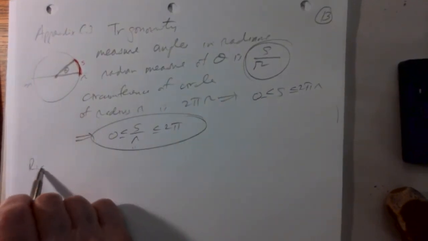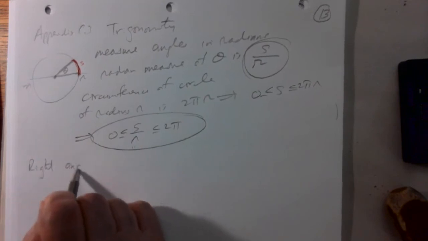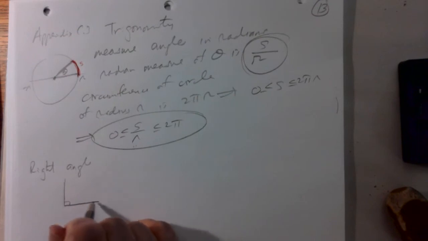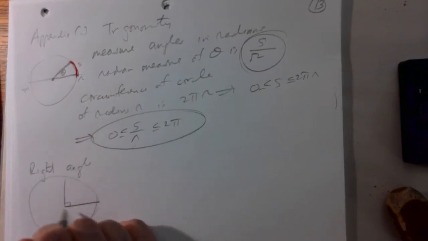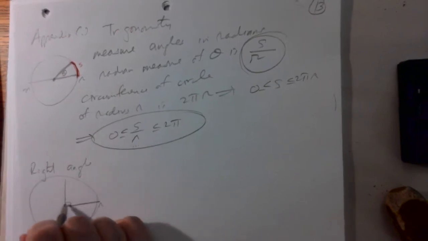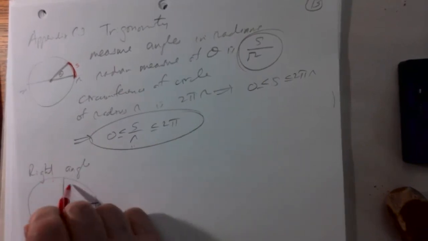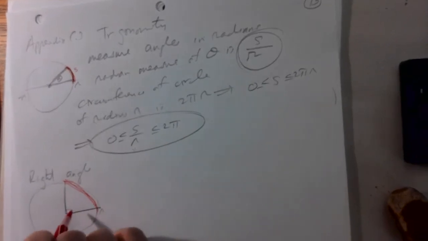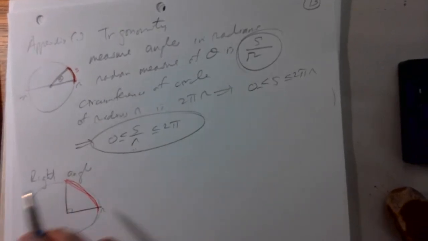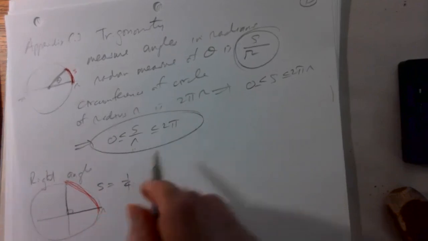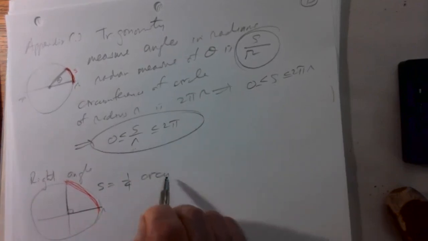Suppose we take, for example, a right angle. That's a right angle. Draw the circle of radius r. What is the length of arc that this right angle cuts out? Well, S is 1/4 of the whole circumference.